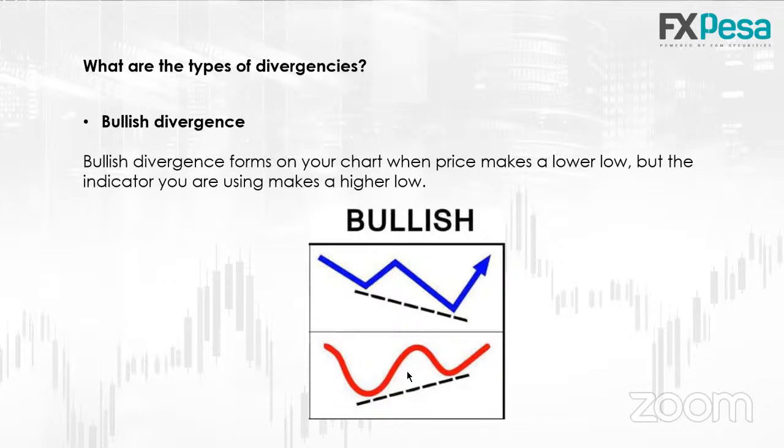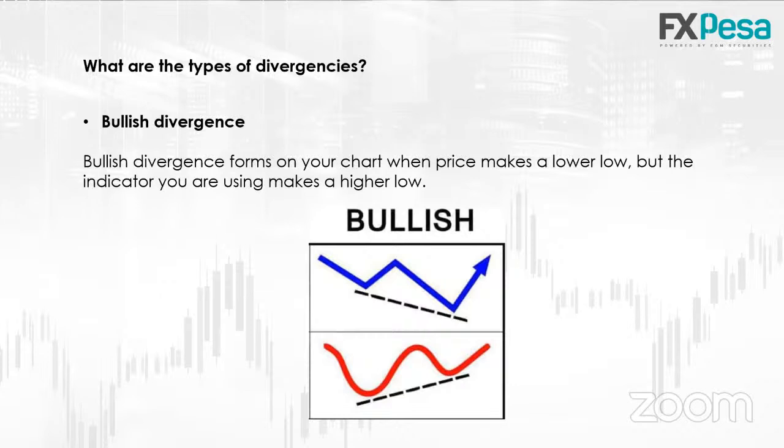But when you look at your indicator, be it an oscillator or an RSI, the same is not happening. In this case, price is forming lower lows, but your indicator is forming lower highs. There is a discrepancy between what is happening on the main chart and the indicator, and therefore that's a divergence in the charts.